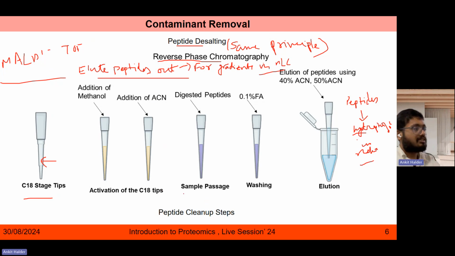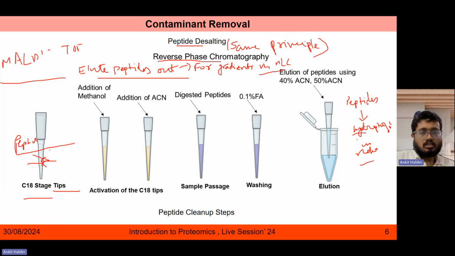It will let the particular peptides bind to it. The peptides generally bind to it. So how do we do it? First of all, it happens within a particular tip.